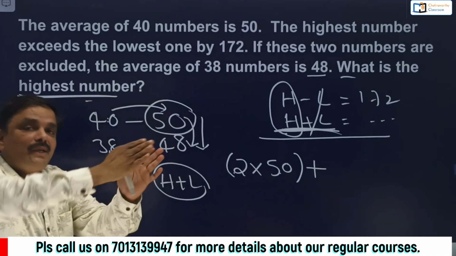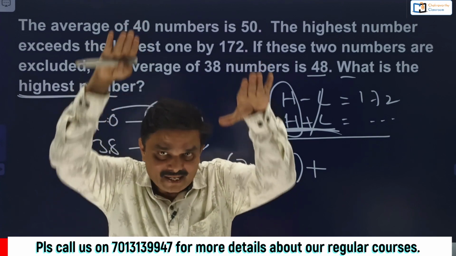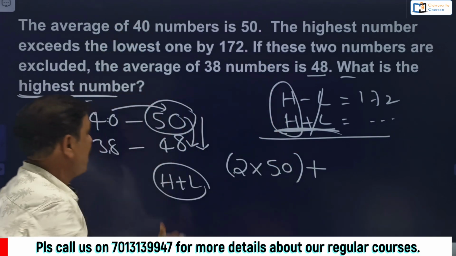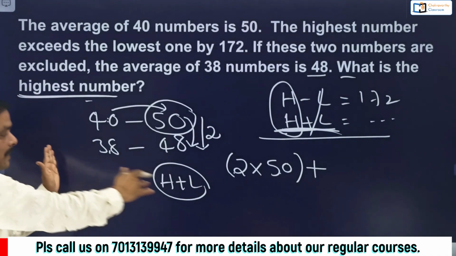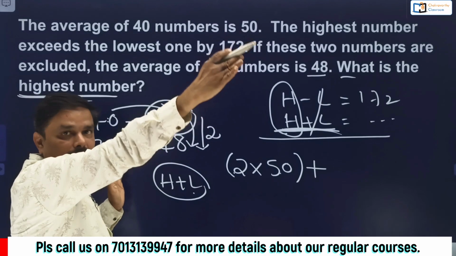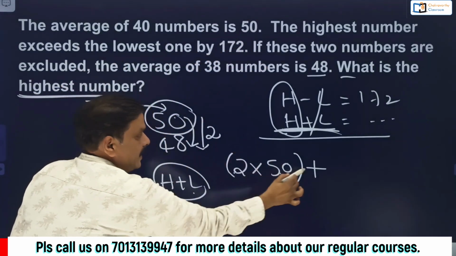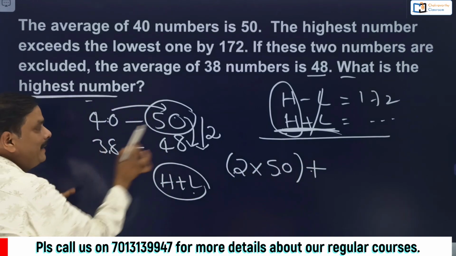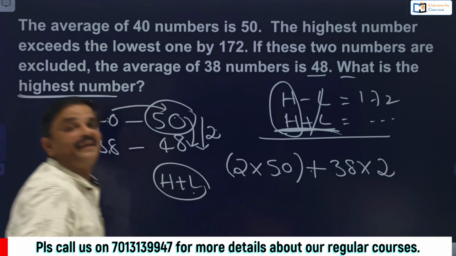Plus, when these two numbers are taken out, the remaining numbers' average has been decreased. By how much? Decreased by 2. That means the sum of these two numbers which went out must be equal to 2 into 50 plus 38 into 2. Why 38 into 2?